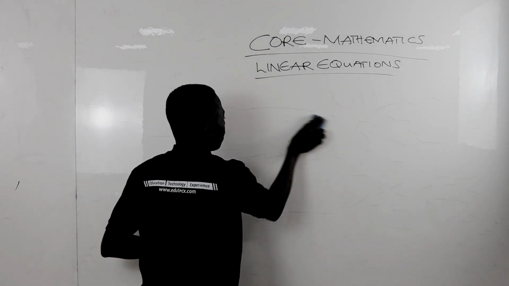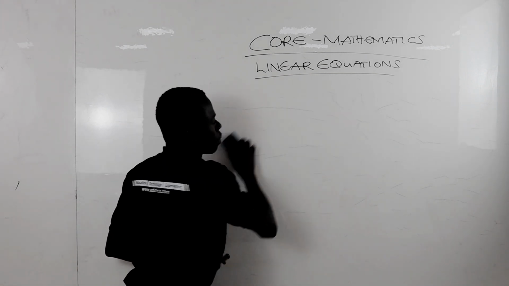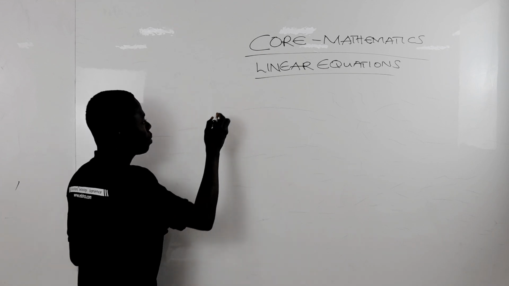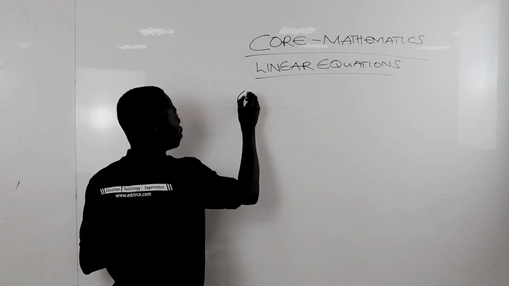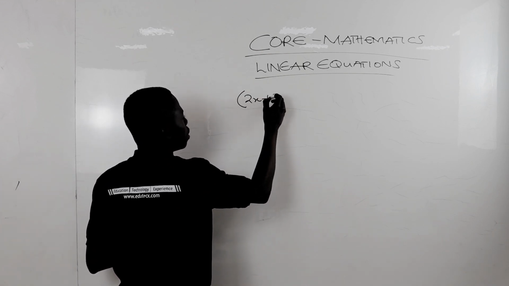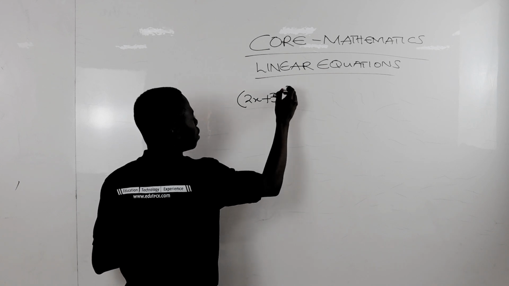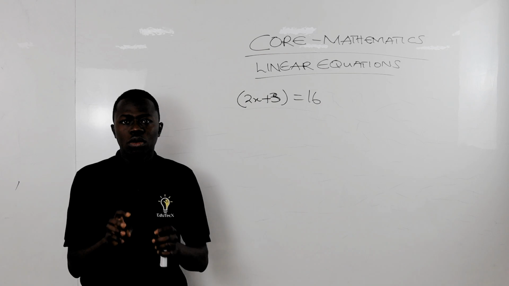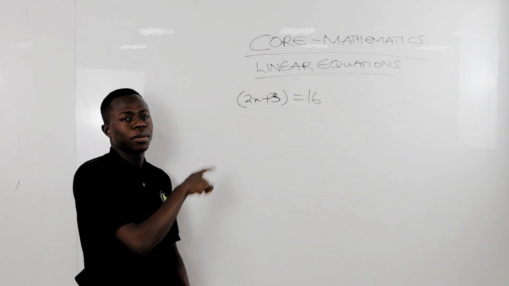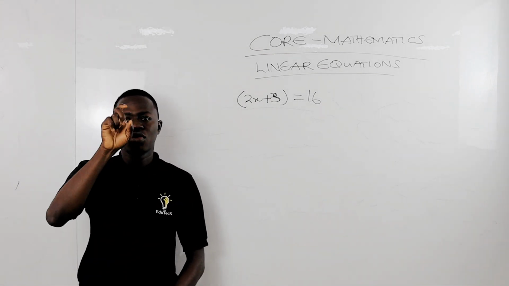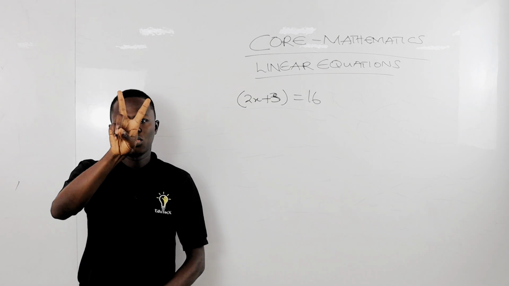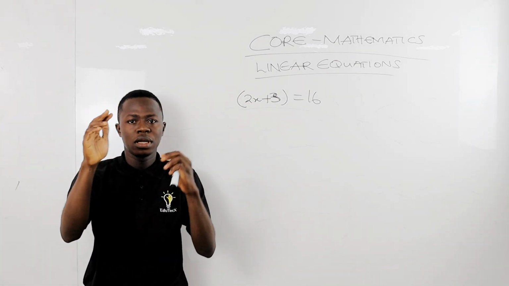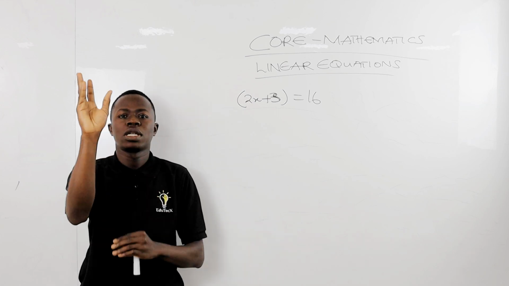So now, if you are having a bracket in a linear equation, how is that one worked on? So let's take a look at an example on the board and go through together on how to solve an equation like that. So the example we have on the board is open bracket 2x plus 3 close bracket equals 16.